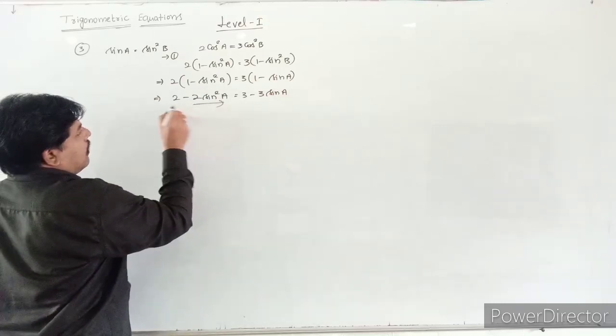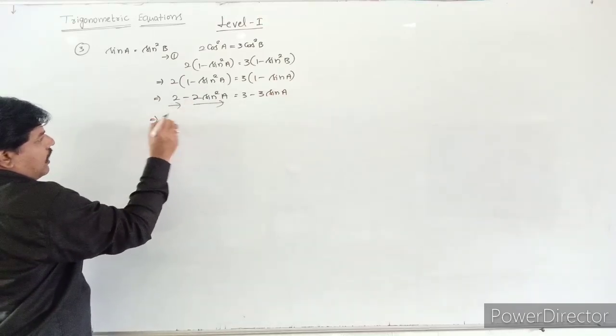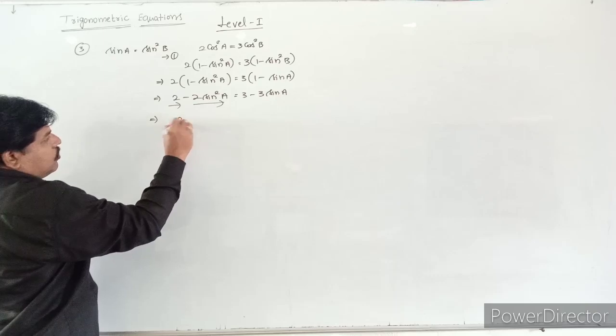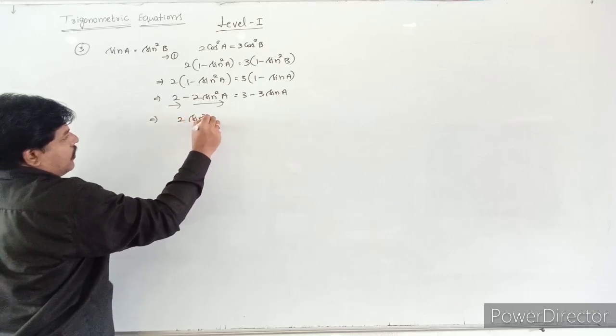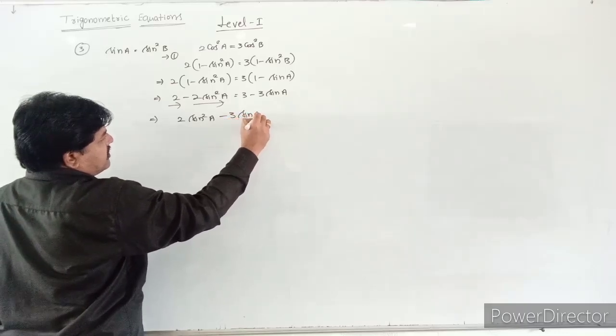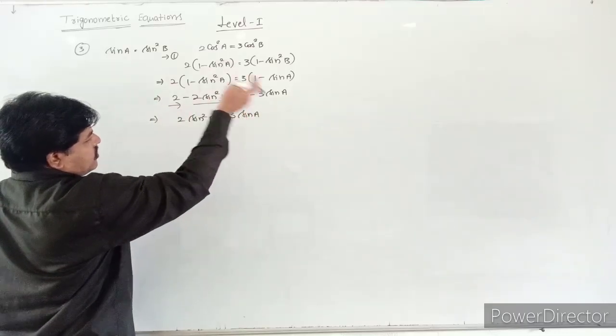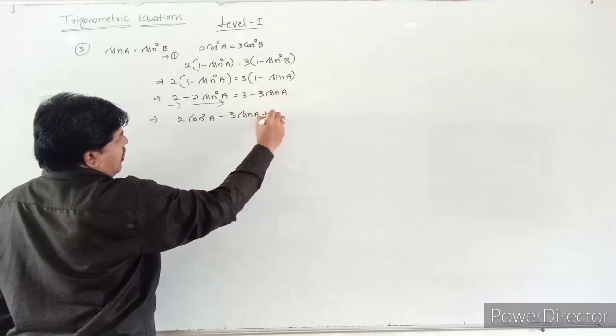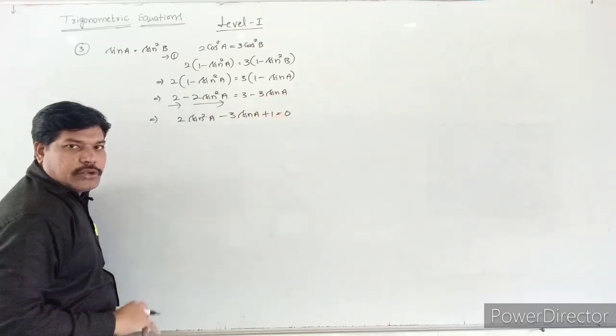So take all the terms to one side, what happens? That implies 2 sin square A minus 3 sin A, and taking the 2 to that side, 3 minus 2 is plus 1, is equal to 0.